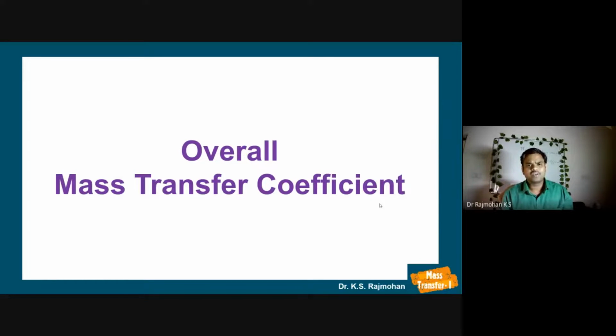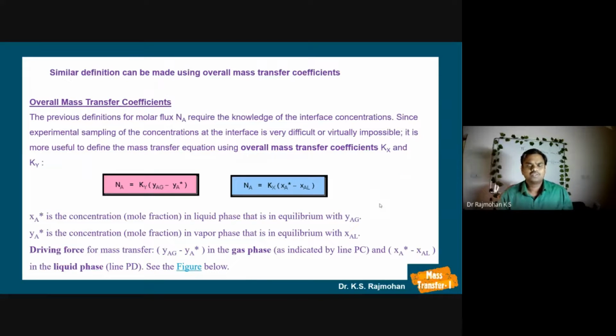Okay, so we are going to define first what is the overall mass transfer coefficient. So we can always write this overall mass transfer coefficient. It is a definition. Okay, so here we are assuming two things. Because we have seen that only YAG, that is bulk concentrations, are known in the liquid and gas. In the liquid and gas, we know the bulk concentration.